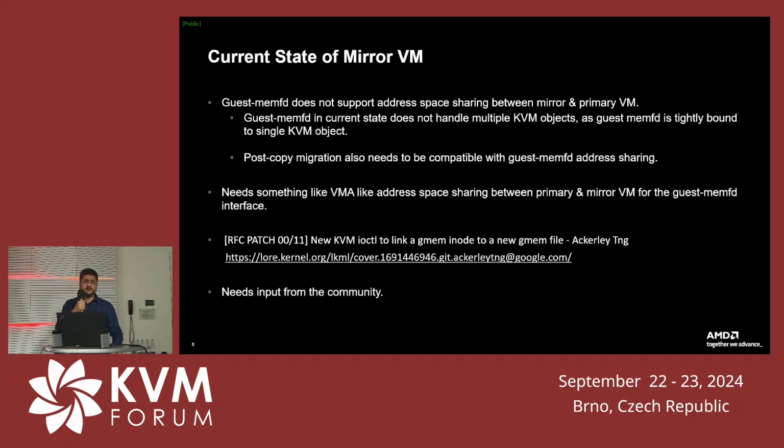So there is a patch series. We raised a bit of this concern with our maintainers upstream, and there's also a patch series present which allows us to access the list of GMEM pages from multiple KVM objects, but this doesn't currently provide simultaneous or parallel access to the memory from KVM objects, or this needs to be tweaked a bit if it gets going. I need to look into it more deeply.